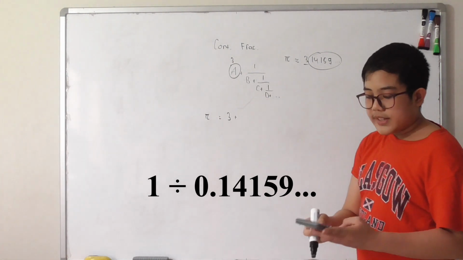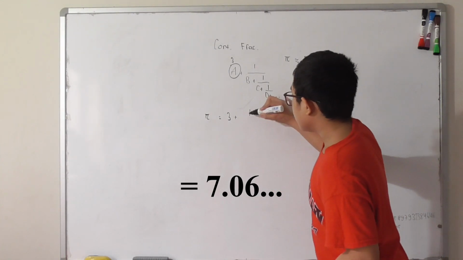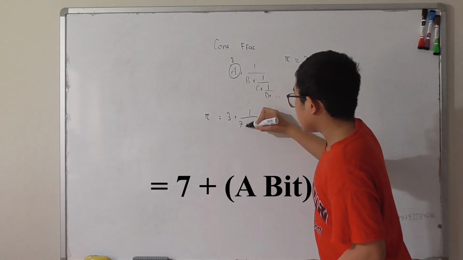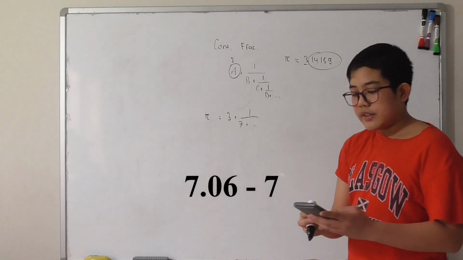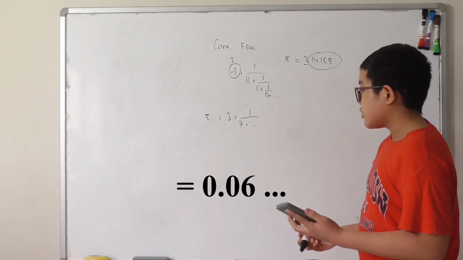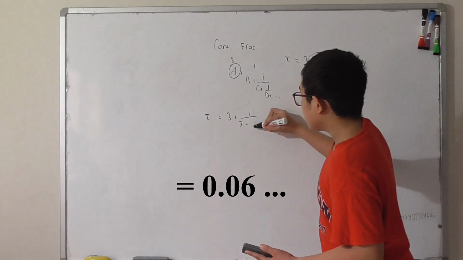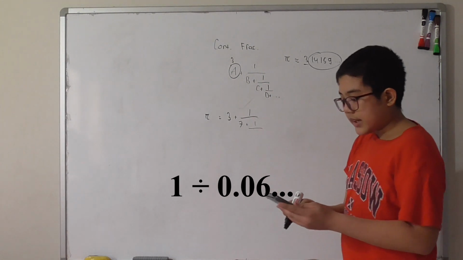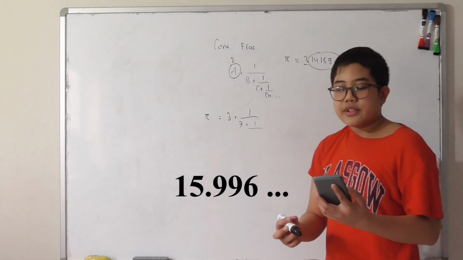What is 1 over that value? That's going to be approximately 7. So it's 1 over 7 plus a bit. And what is that a bit? Well, we can just subtract 7 from the value, and it will be approximately 0.06, which we can also express as a fraction. We can write it as 1 over, we can take 1 divided by that value, there will be 1 over 15 plus a bit.